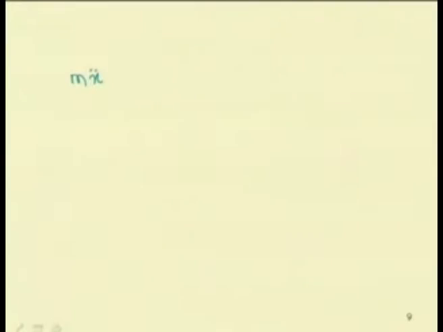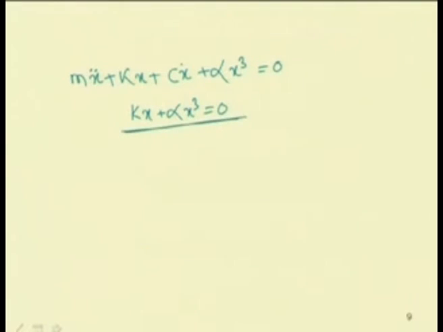In case of a spring mass damper system with a nonlinear spring, we have written the equation in this form: m x double dot plus kx plus c x dot plus alpha x cubed equal to 0. In this case, for steady state, I can have kx plus alpha x cubed equal to 0, and by solving this equation, I can find the equilibrium position.